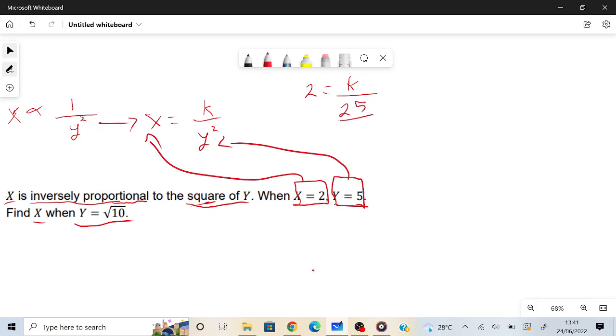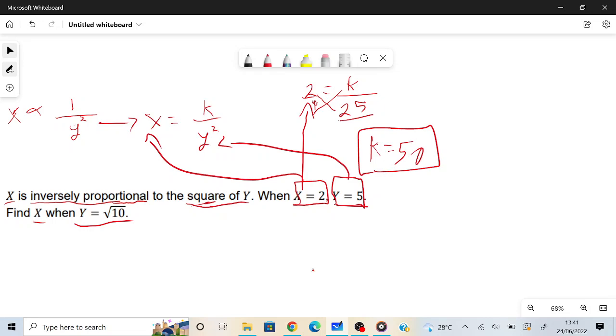Why 25? Because if you take 5 over here, you square the 5, and 5 times 5 is 25, and 2 because that is your x value. Now upon cross multiplying, you know there is a 1 over here because there's nothing there, so k is simply 2 times 25, and that is k is 50.